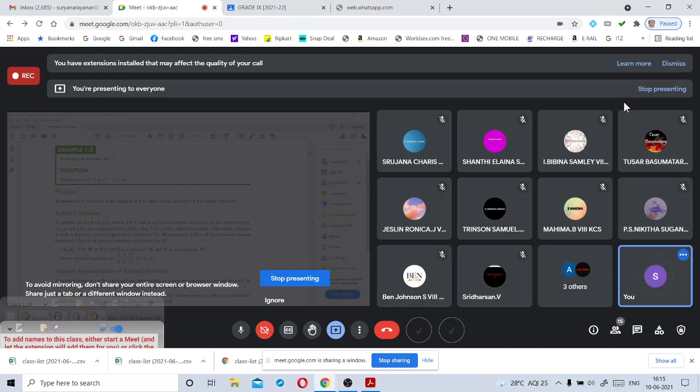Sir, 3 by 4. Very good, very good. 3 by 4 is called the simplest form, the lowest terms of the fraction 6 by 8.